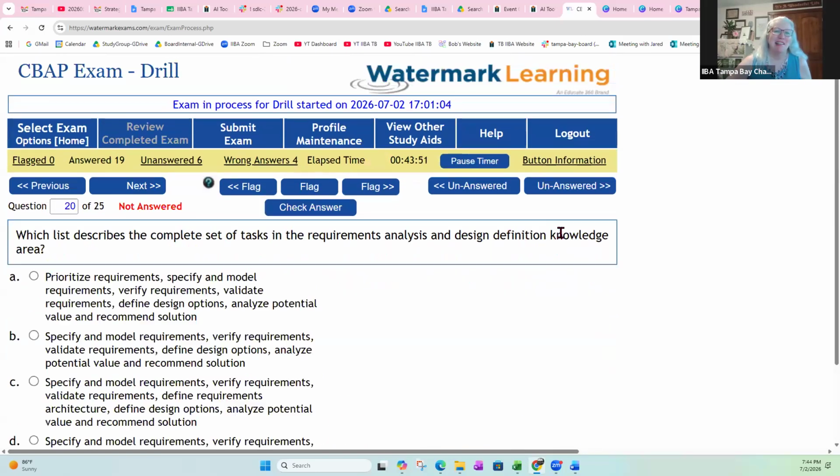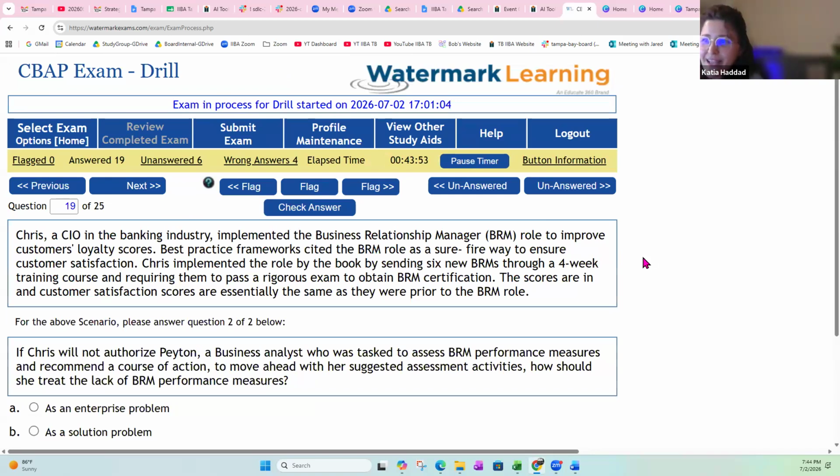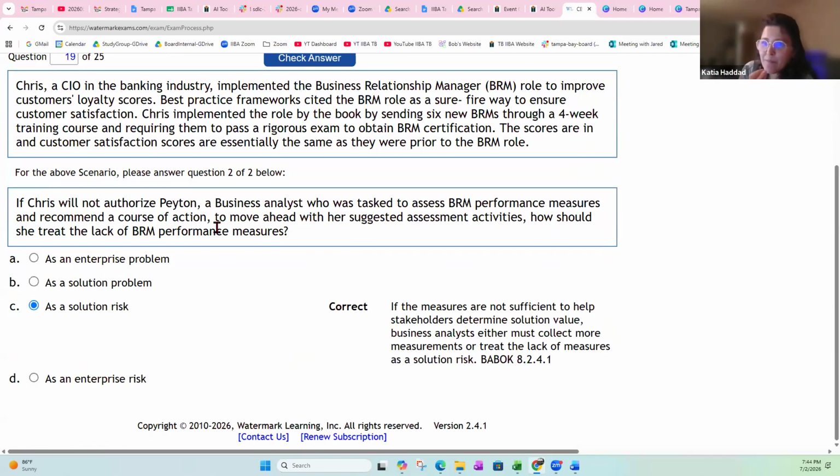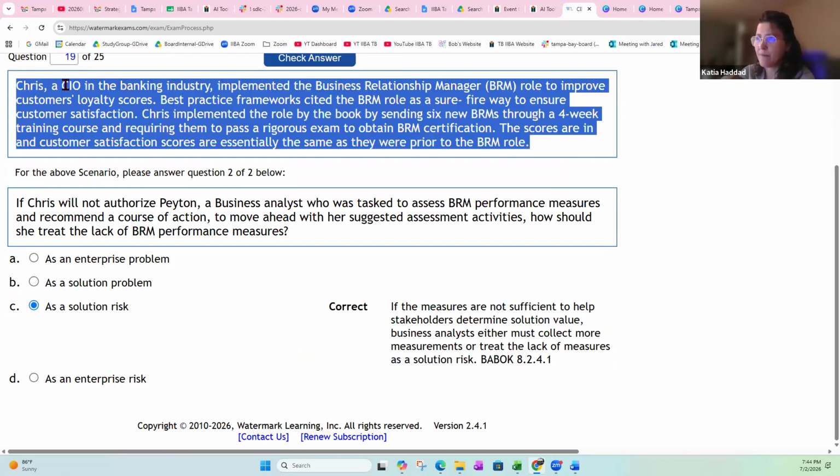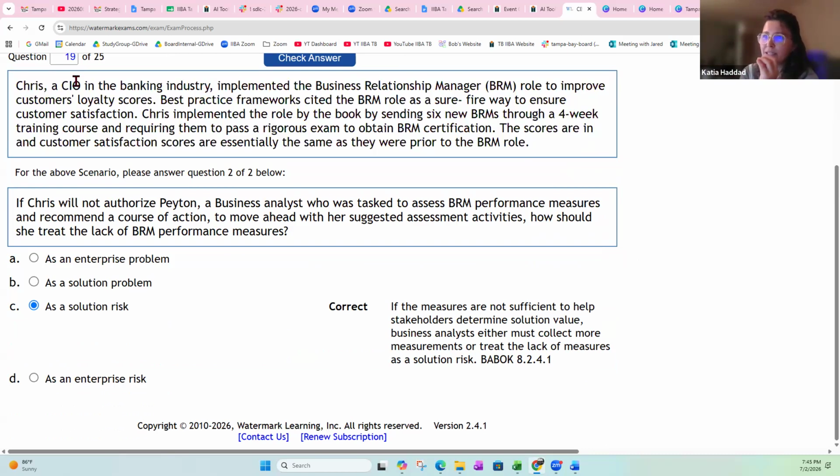But in this scenario, the CIO who is implementing the BRM said best practice frameworks and to ensure customer satisfaction. So they did it. It's not like they skipped the role or the training for the employees.